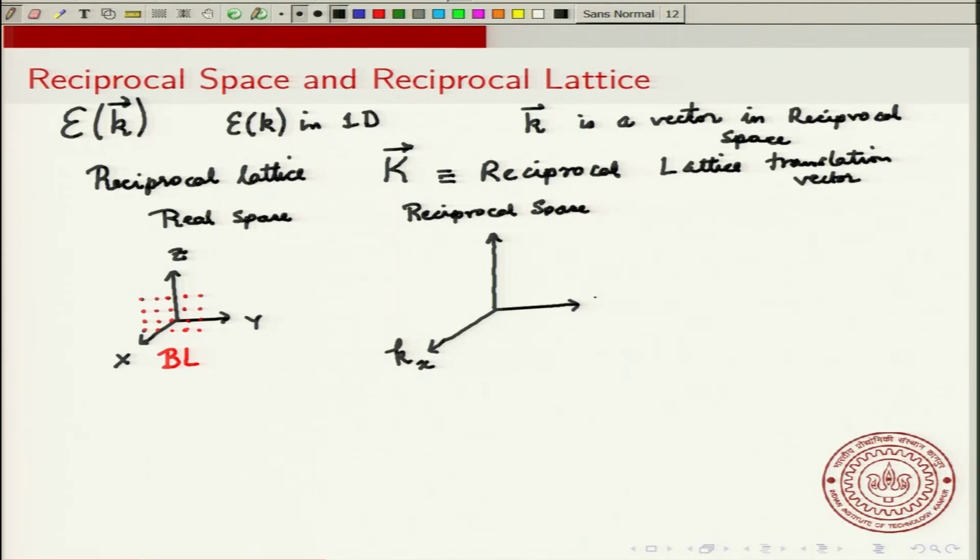In reciprocal space, instead of x, y, z, you have kx, ky, and kz, and again you have some lattice, which is called the reciprocal lattice. It is just like a Bravais lattice, an ordered arrangement of points, and each point is identical to the other.